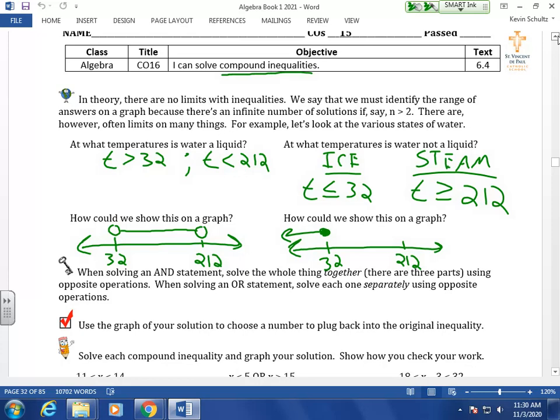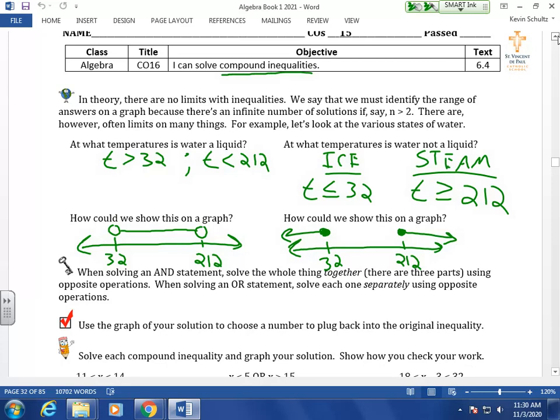We're not diving that deep into these things. And then for steam, the temperature is greater than or equal to 212. So if you look at the two graphs that we have here, is there any temperature that's not represented?